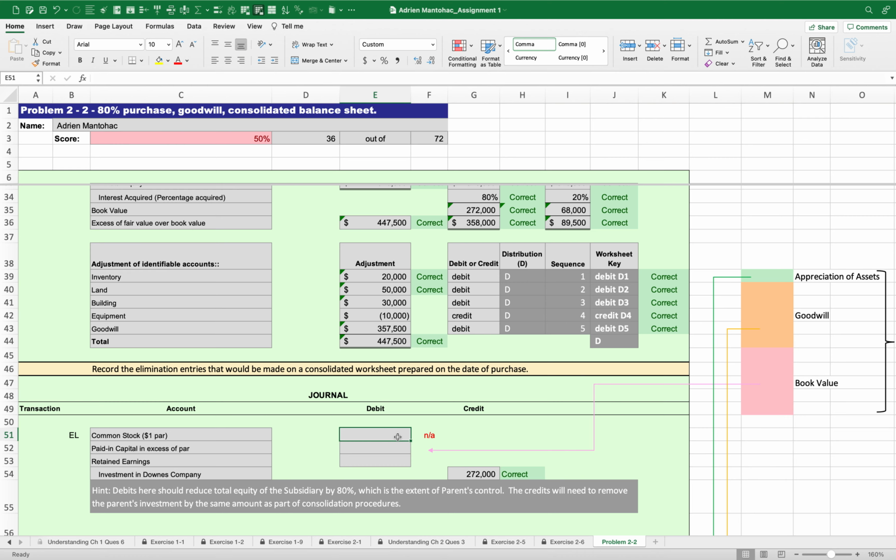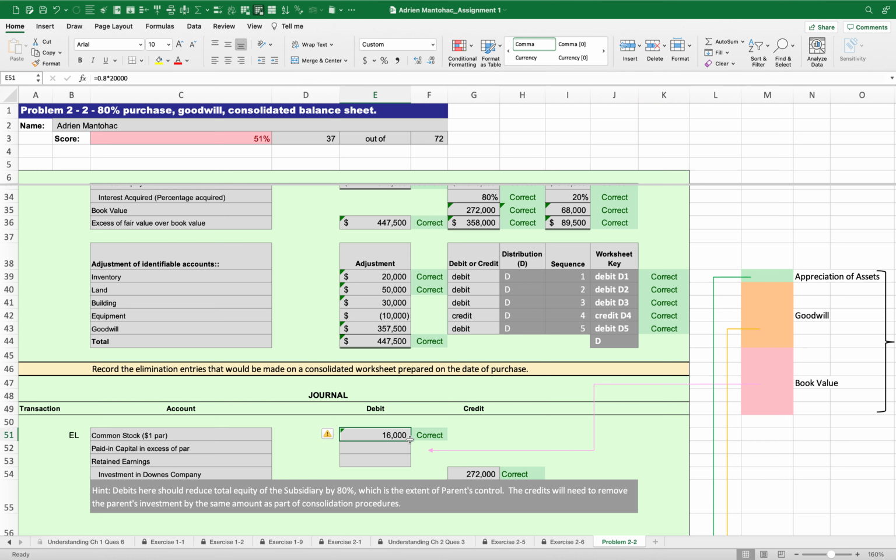So we know now that the common stock, just by looking at the textbook, is $20,000 on the subsidiary's books. 80% of that is our share. And I should have put an equal sign there, excuse me.